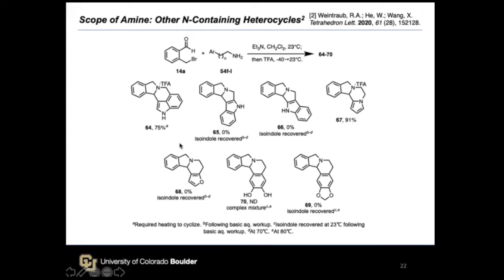However, 2 and 3 aminomethyl indole did not cyclize even with heating, and the isoindoles were observed following a basic aqueous workup. We suspect that this is possibly due to the strained nature of the 5-membered ring with the double bond.